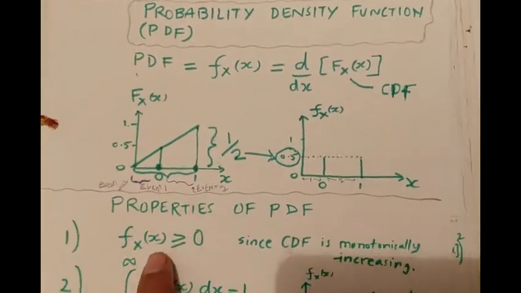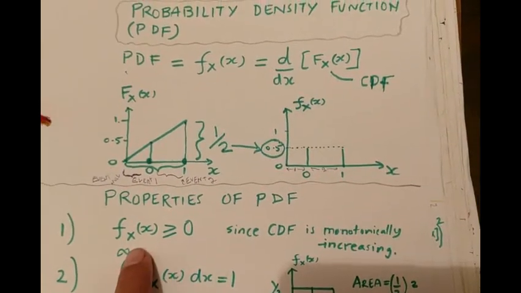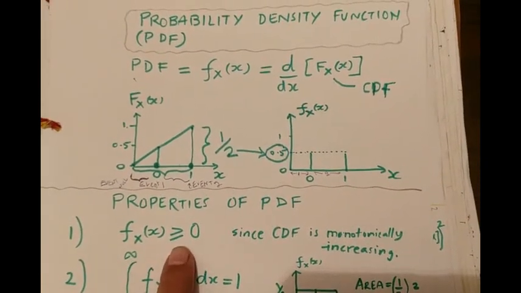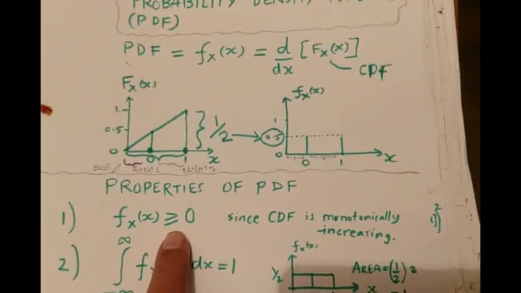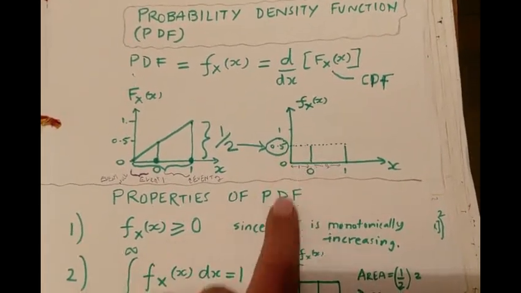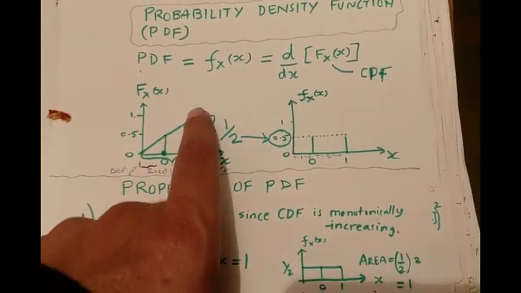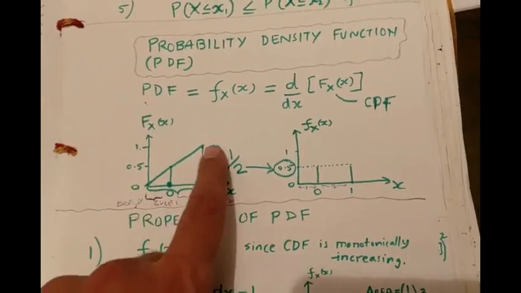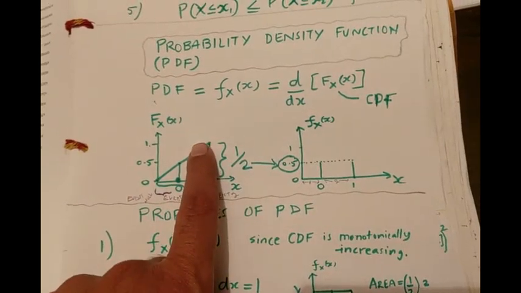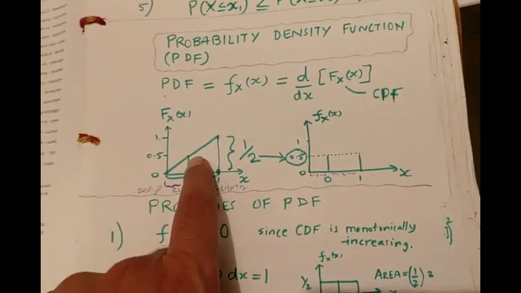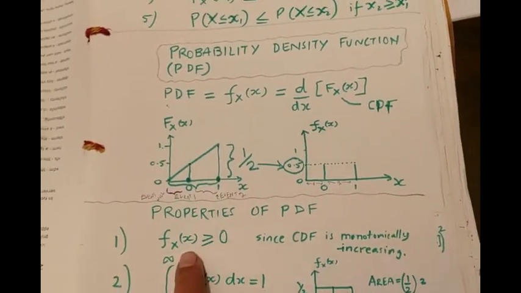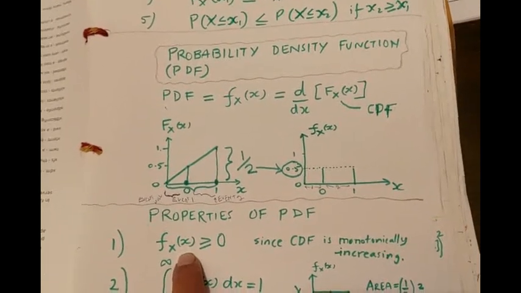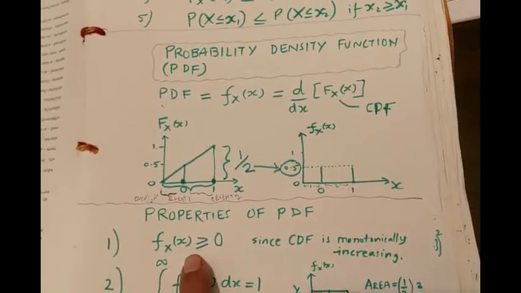The properties of PDF include that the PDF is always greater than or equal to 0, which means the PDF is always positive. This is so because the slope of the CDF is always increasing, it has a positive slope, so a positive slope will always give a PDF value that is positive.